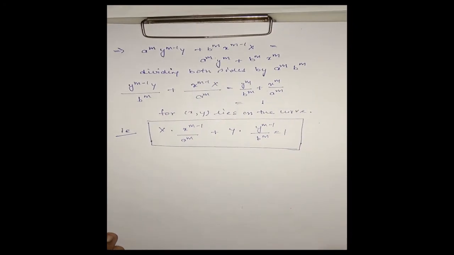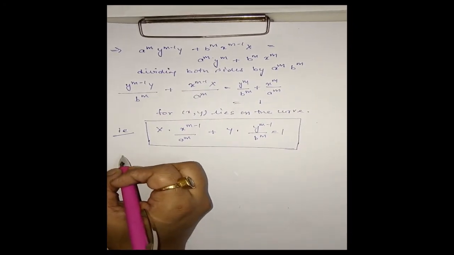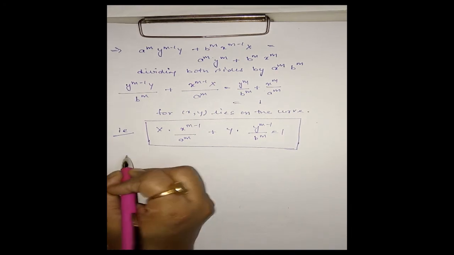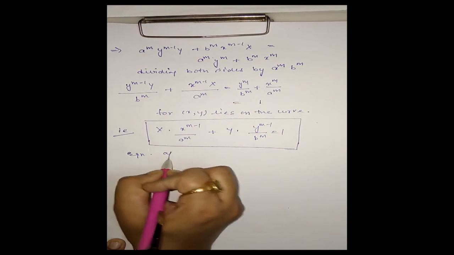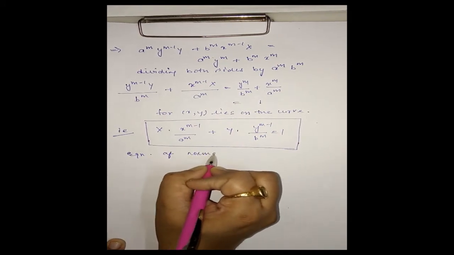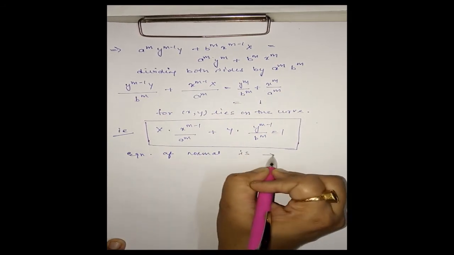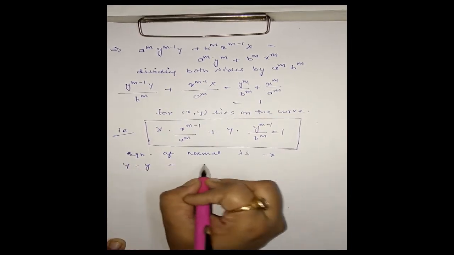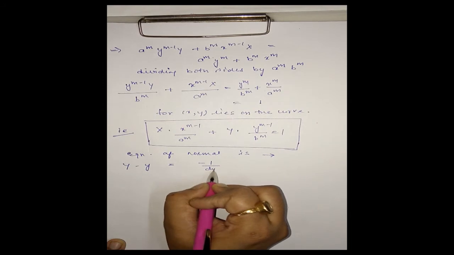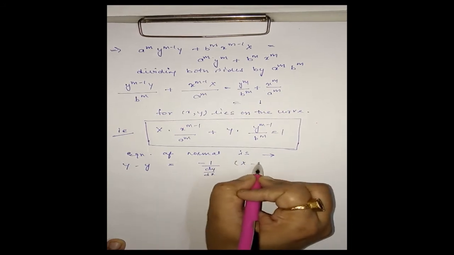Same way, we have to find the equation of normal. Okay, now equation of normal is given by capital Y minus y is equal to minus 1 by dy by dx into capital X minus x.